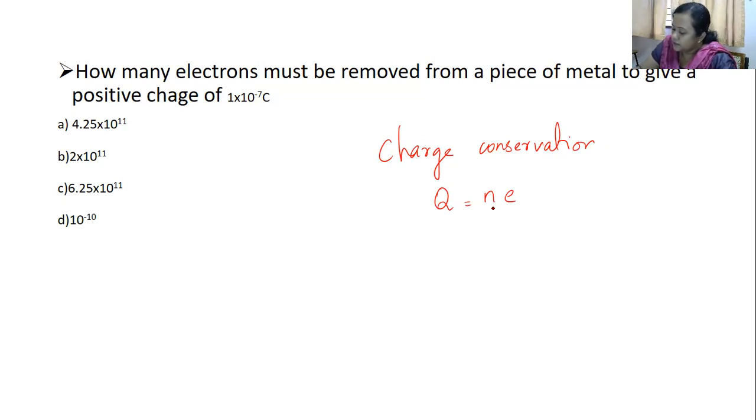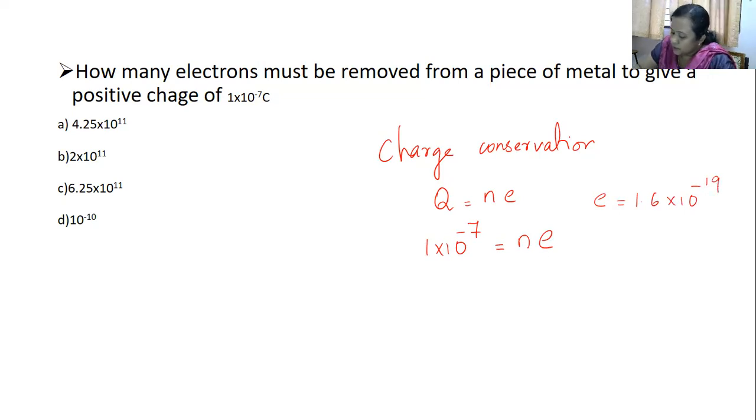It is given that the total charge present in the system is 1 into 10 raised to minus 7, and that is equal to n into E, where n is the number of charges and E is the charge of the electron, that is 1.6 into 10 raised to minus 19.